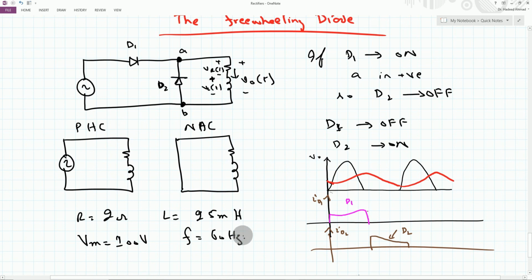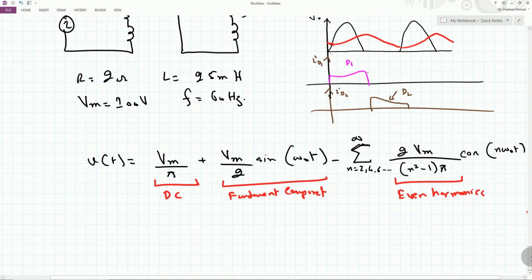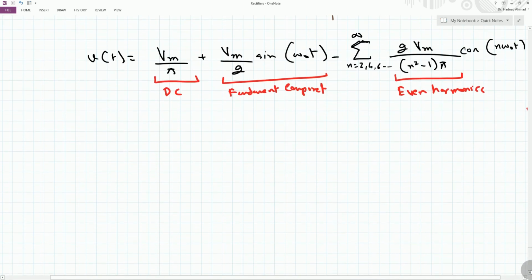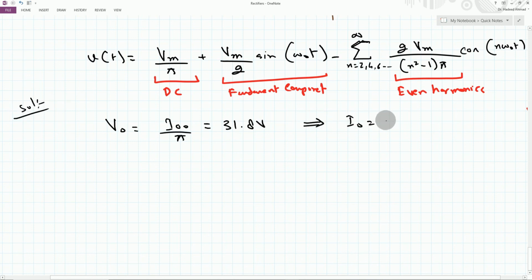We want to find out the power absorbed by this resistance, or supplied by the source. So first of all, I will calculate the value of Vm over pi, which is this V naught. It is 100 divided by pi, which gives me a value equal to 31.8 volt. Then I can also calculate I naught, which is V naught over R, and that is equal to 15.9 ampere.